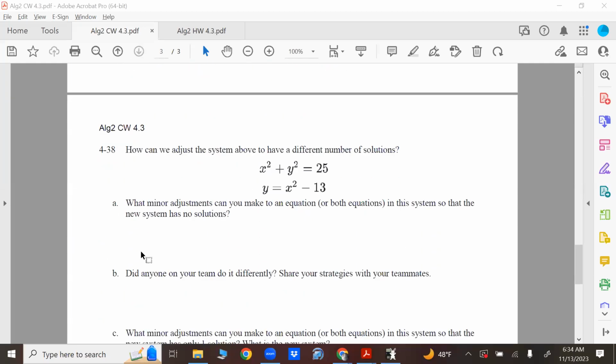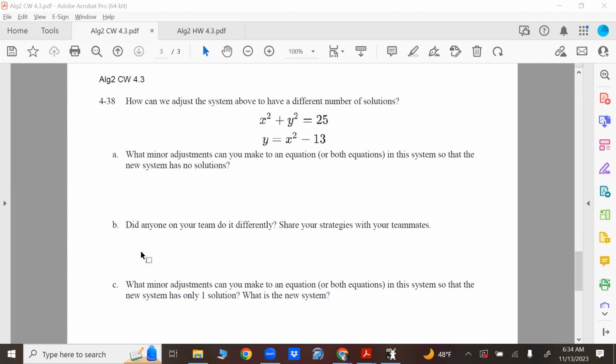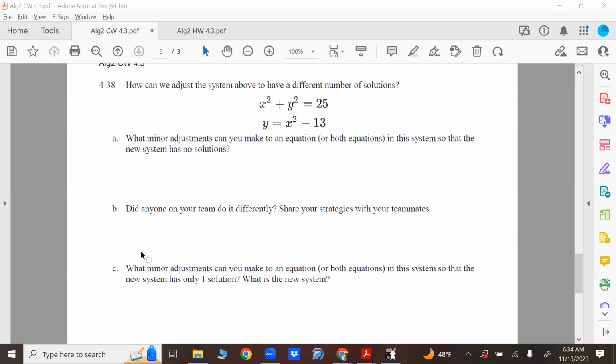Okay, one more page of notes here. How can we have a different number of solutions? Well, you could reduce the circle. You could shrink it, or you could also expand the parabola so it's wider. So you'd have a coefficient in front of x squared that's a fraction to make it wider.